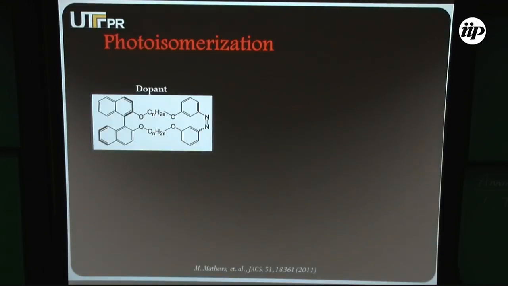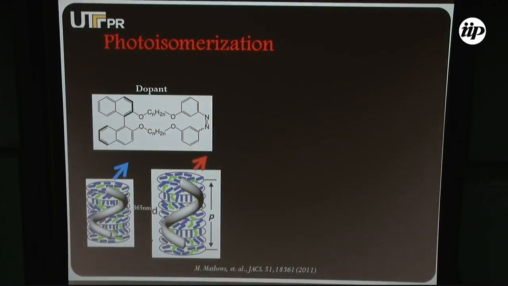So what we did here, we use photoisomerization. This is one example. This is a chiral dopant. This molecule is chiral, and you put this in a nematic. You see here there's an azobenzene group. So you shine UV, and this goes from trans to cis. The green bars here represent the chiral dopant.